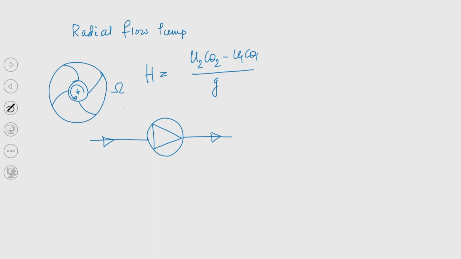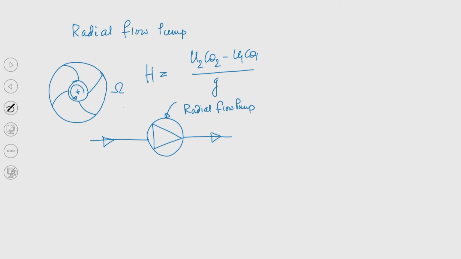Okay. Now, question is, if we try to draw a line diagram, say this is the line diagram of a pumping system. This symbol is used to denote or indicate a radial flow pump. So, this is a radial flow pump.